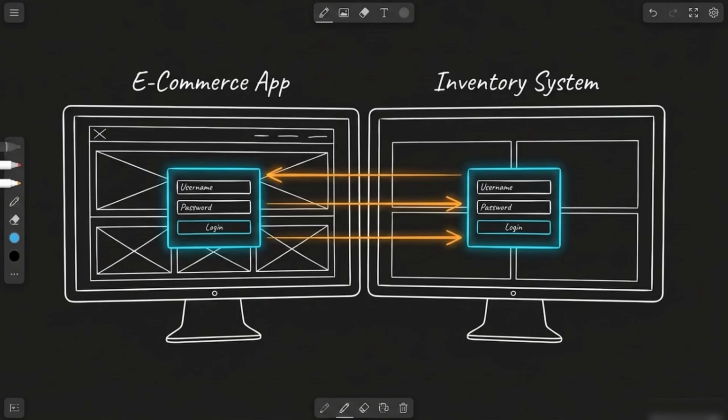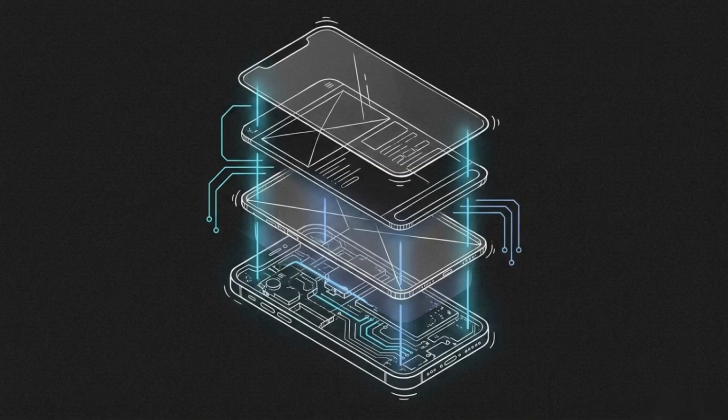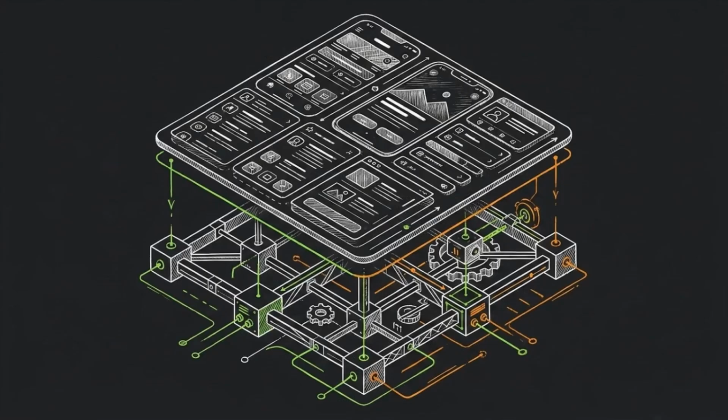By standardizing these chunks, features like a login screen or a reporting engine can be lifted and deployed into completely different future projects. The third objective is ensuring flexibility. A structured system isolates its features, so when a client asks for an update, like adding a dark mode, developers can modify the user interface without accidentally breaking the core logic.